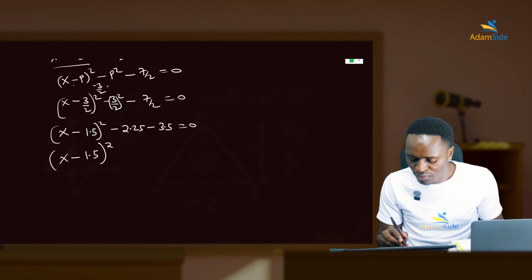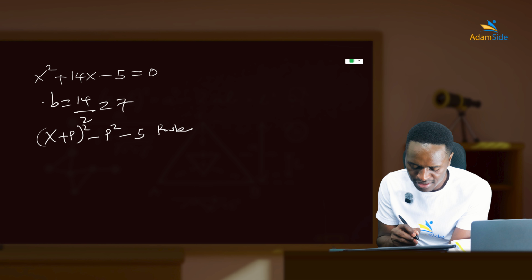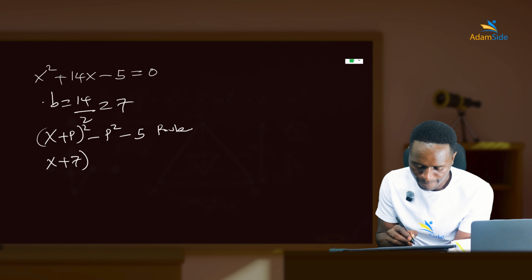So therefore, the rule is x plus p squared minus p squared minus 5. We say x plus 7 squared minus 7 squared minus 5 is equal to 0. So you say x plus 7 squared minus 49 minus 5 is equal to 0.